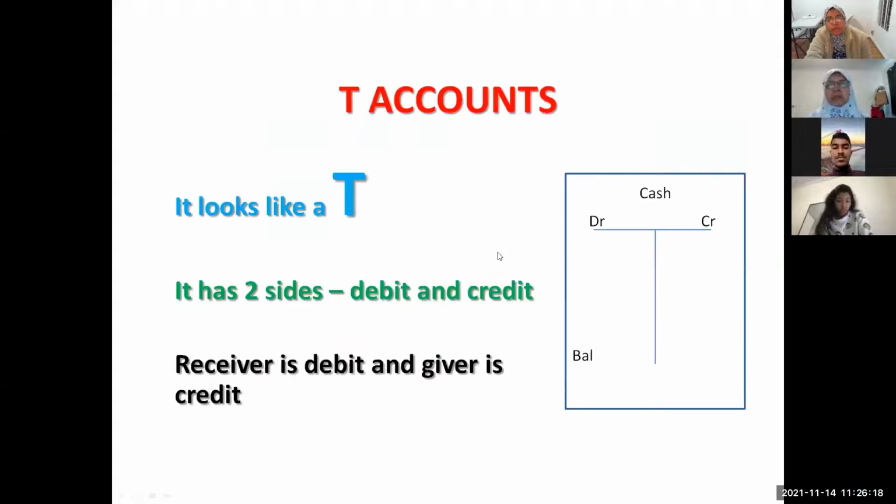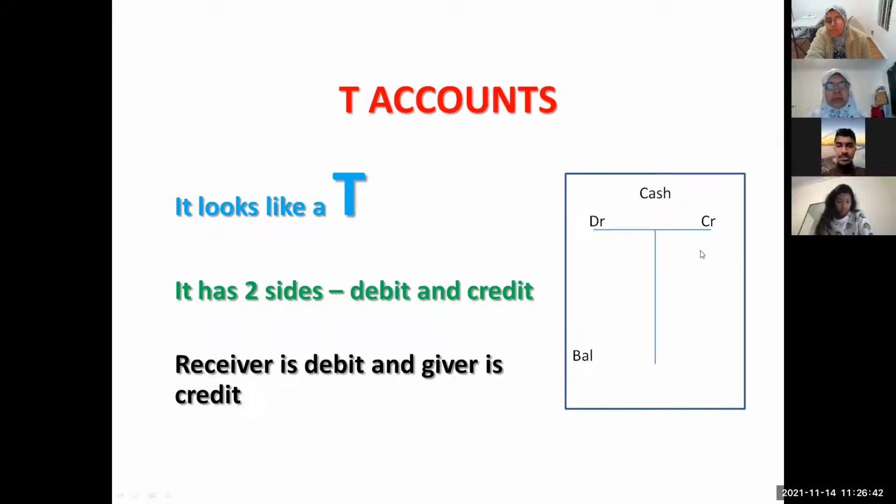So this is the T account. It looks like a T. The T account is like this, the debit and credit on two sides. Left side is the debit and right side is the credit. The T account has the account name as its title. At the bottom, there is a thing called balance.